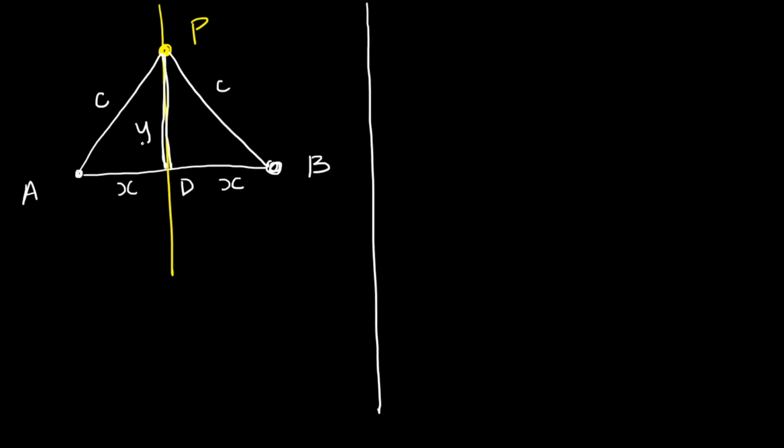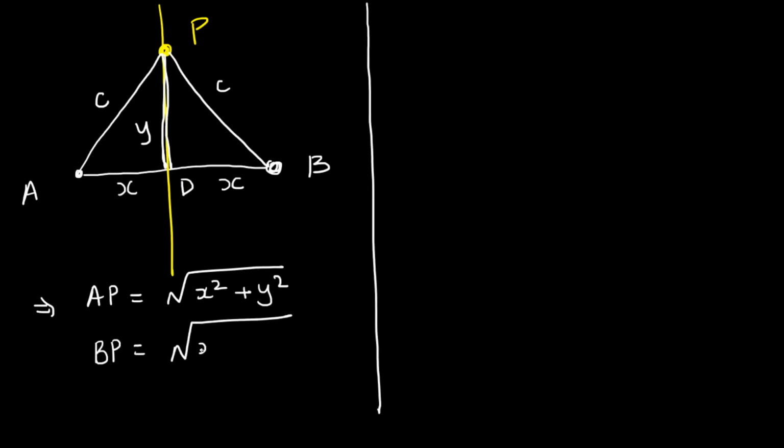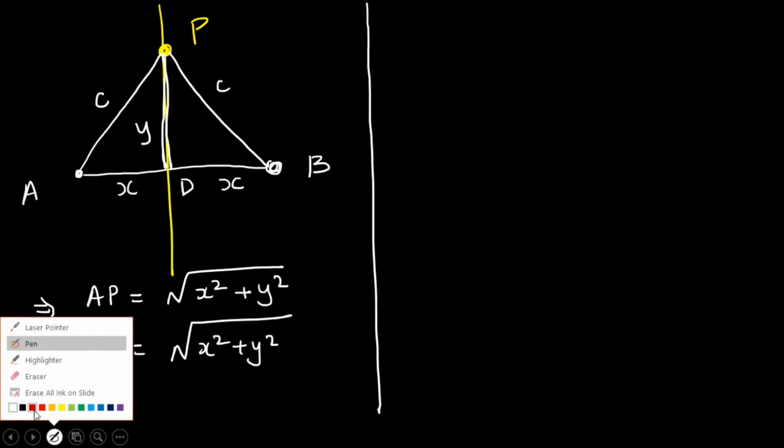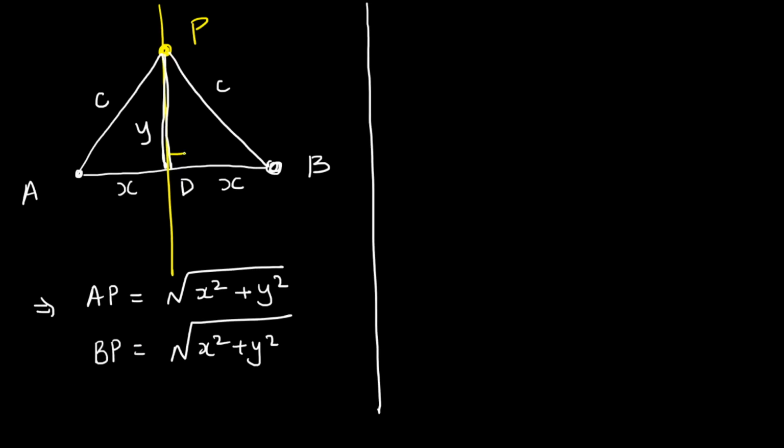What one realizes is AP is equal to the square root of x squared plus y squared, but BP is also the square root of x squared plus y squared. I'm using the Pythagoras theorem, and before I forget, the reason I'm allowed to use it is because it's a perpendicular bisector and this is 90 degrees.